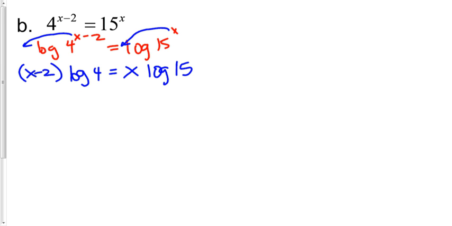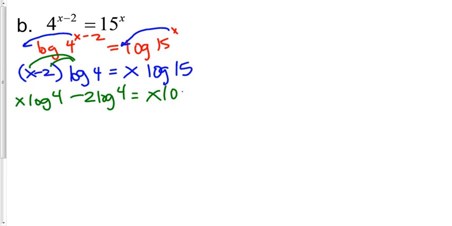Now is where it gets kind of tricky because I need to figure out what x is, and x is involved with 2 logs here, one on each side. You need to distribute at this point. So we've got x log 4, minus 2 log 4, equals x log 15. These logs really represent numbers, so we have to treat them as numbers.